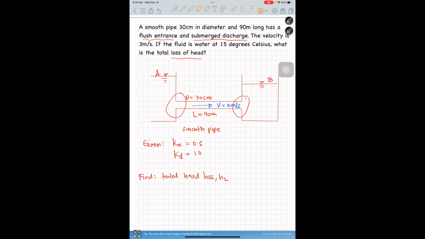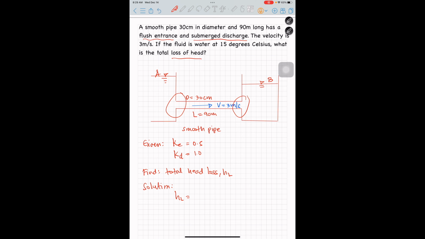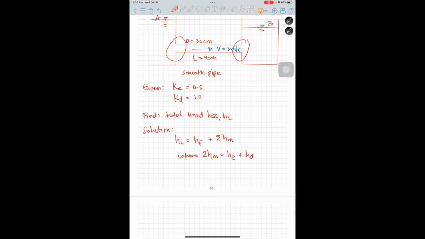Then again, we will find the total head loss of the pipe. So for our total head loss, it is equal to the friction loss plus the summation of minor losses. The summation of minor losses is equal to the head loss at the entrance plus the head loss at the discharge.